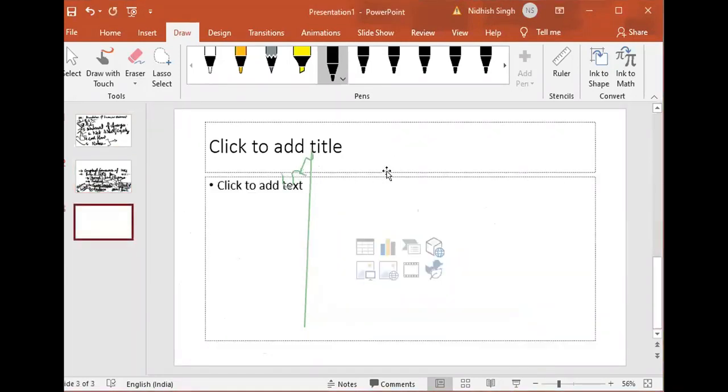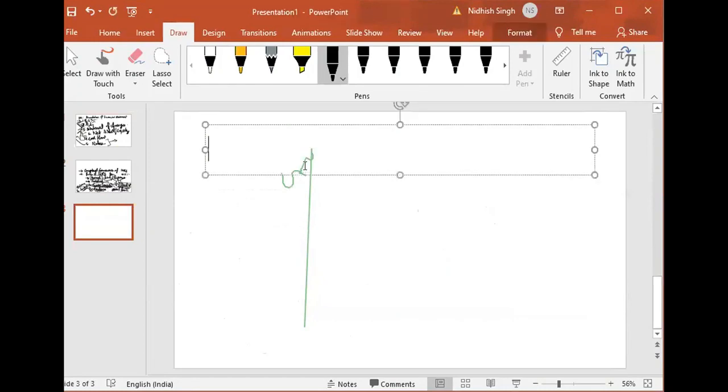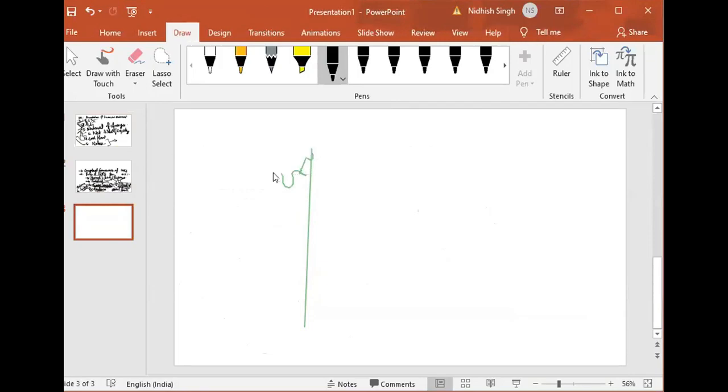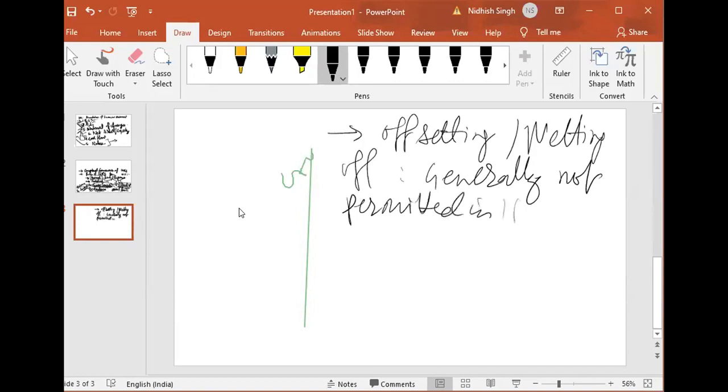Offsetting is another concept which is prohibited in IFRS and IAS framework, but we will talk about how to still account for any contract which can be settled. So offsetting, or netting off, is generally not permitted in IFRS.